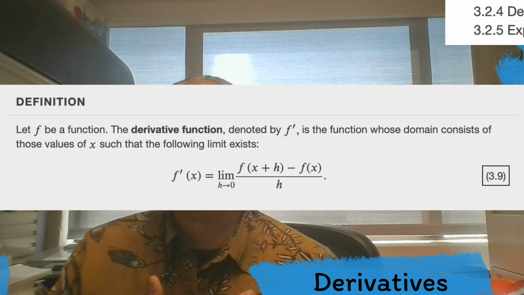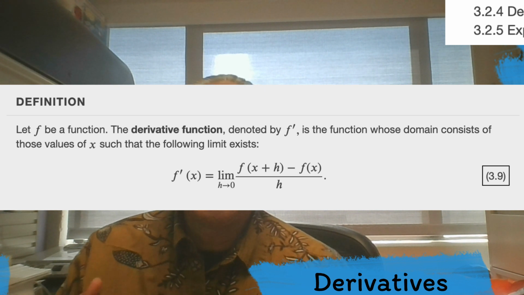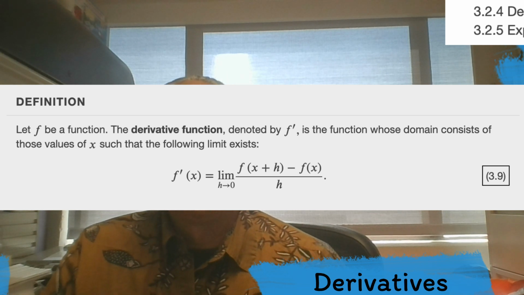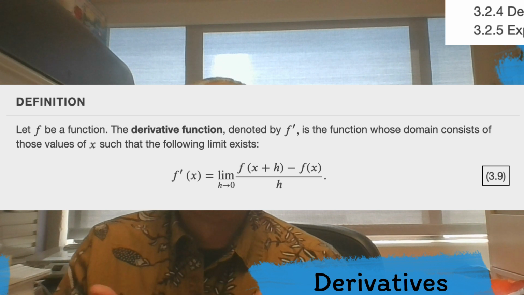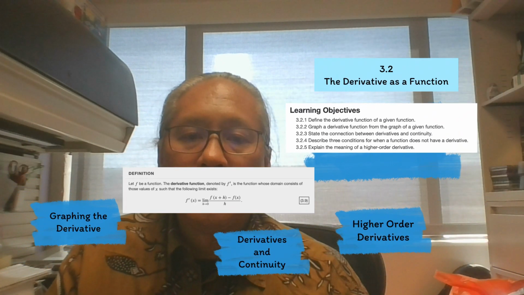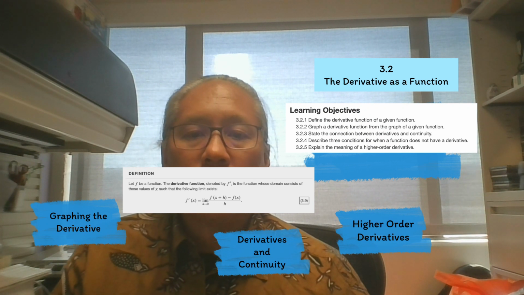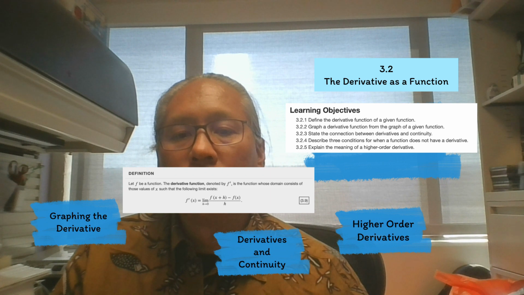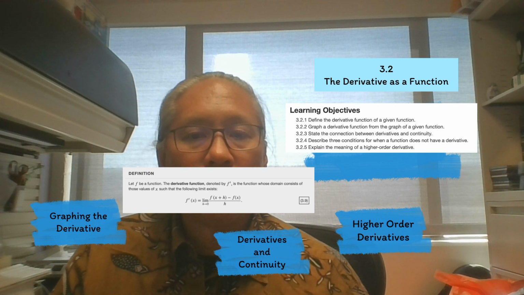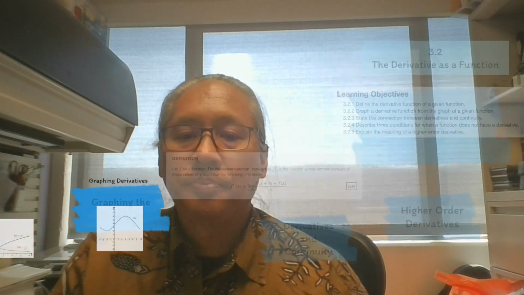We're going to use this to find a shortcut, and then after that, we'll pack this formula away until we really need it again, because it's easier to do things with the shortcut method. So symbolically, this is our super important formula for finding the derivative function of a function.